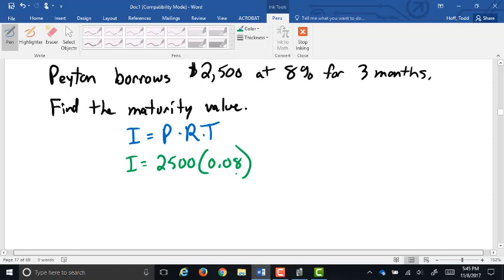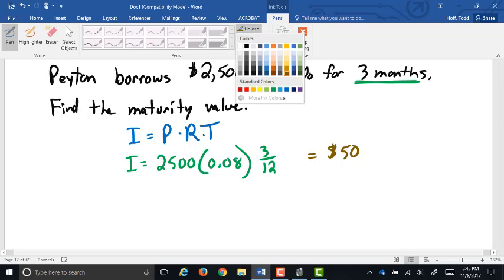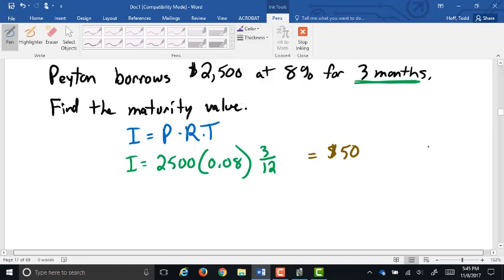We've said the time is always in years. Well, this is 3 months. So to make that years, there's 12 months in a year. So we write it as 3/12. So we multiply that out. What do we get? $50 in interest? Yes?